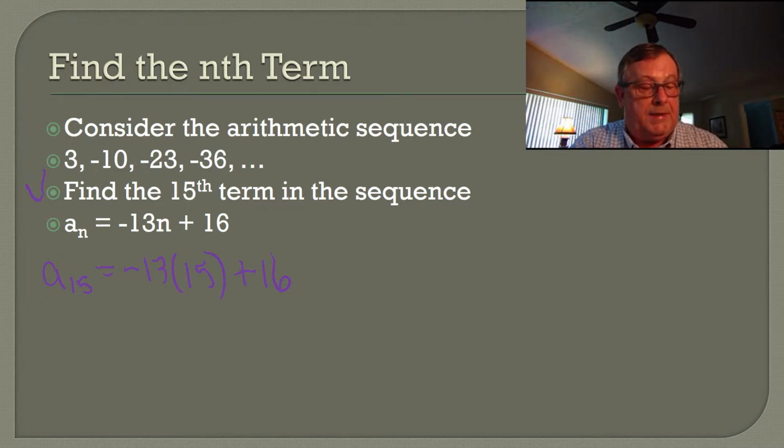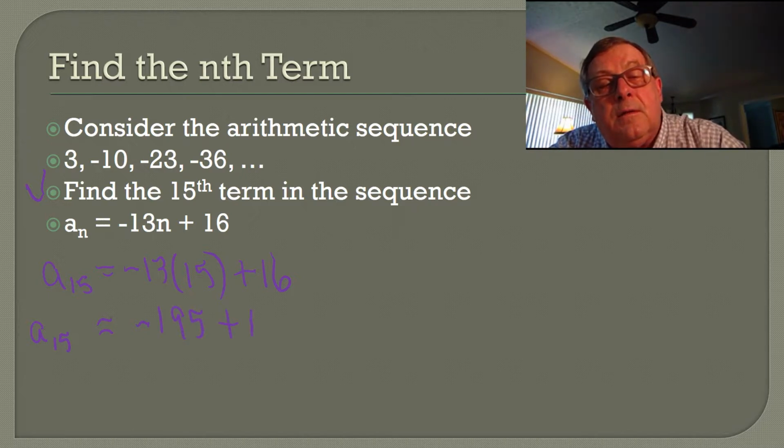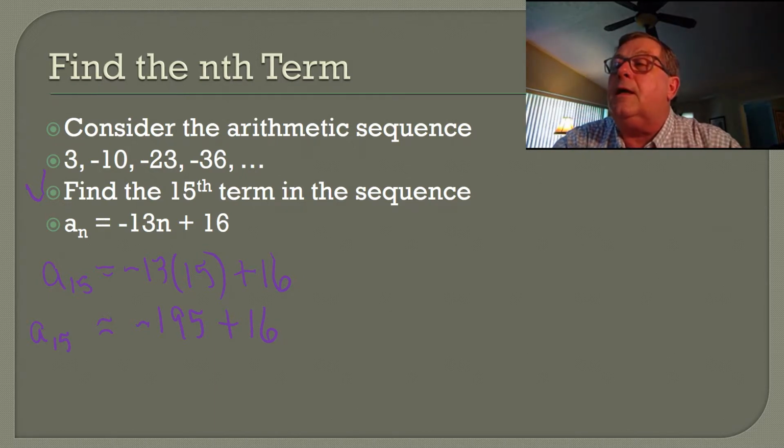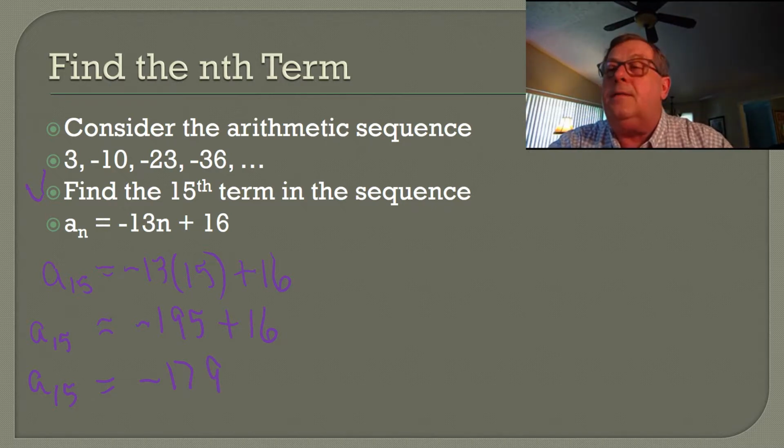When I take -13 times 15, that's -195, plus 16. So let's combine those like terms. When I take negative 195 and add to that 16, I'm going to discover that my 15th number of the sequence is equal to negative 179. All right, how about that?